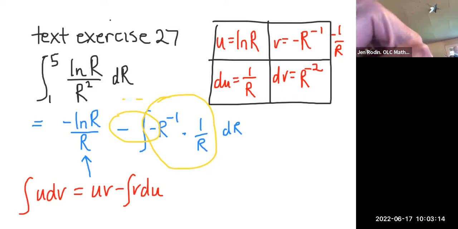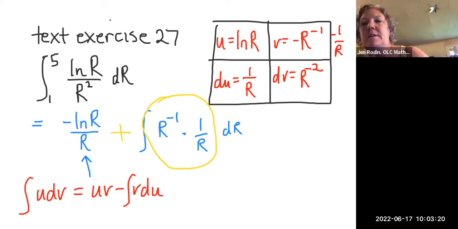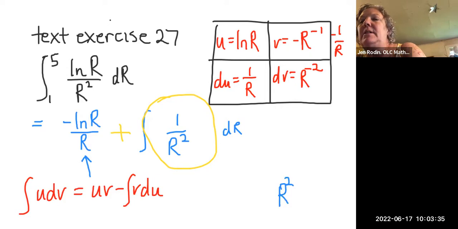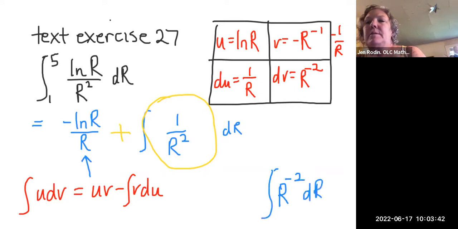So I'll clean this up here, get rid of those, and change that to plus. Change this to 1 over r times 1 over r, which again, if it's easier to look at it as r to the -2, that's the same thing.